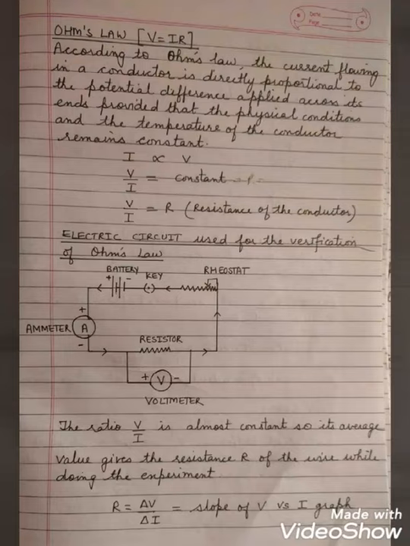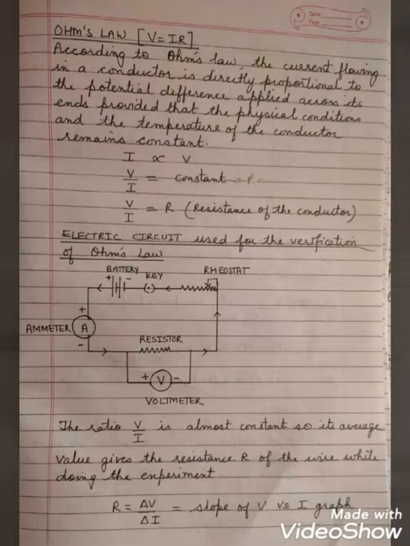That means if we keep on changing the rheostat value, the voltmeter reading and the ammeter reading will keep on changing, but the ratio of the potential difference and current will always be the same, which will be equal to the resistance offered by the resistor.